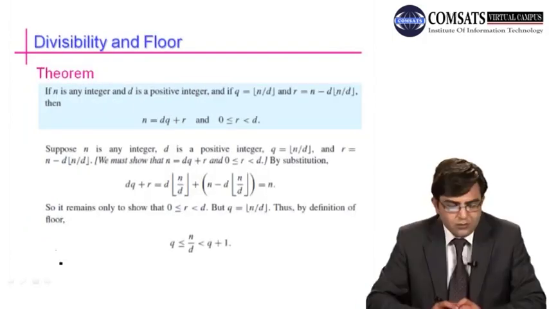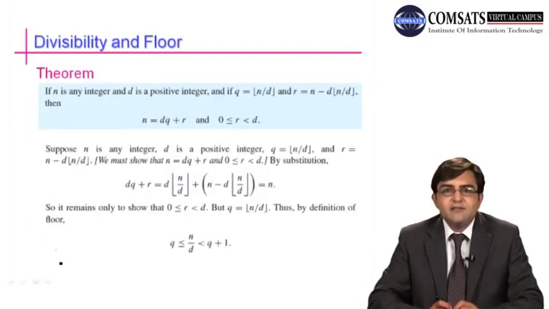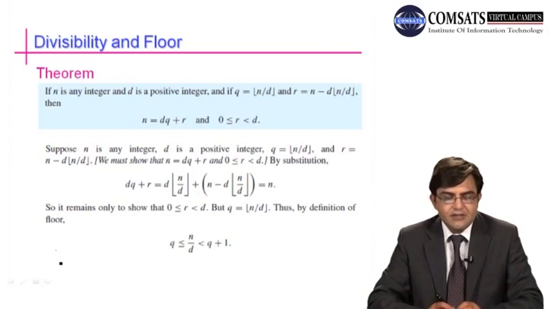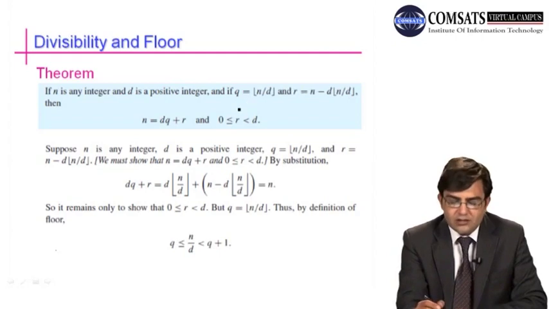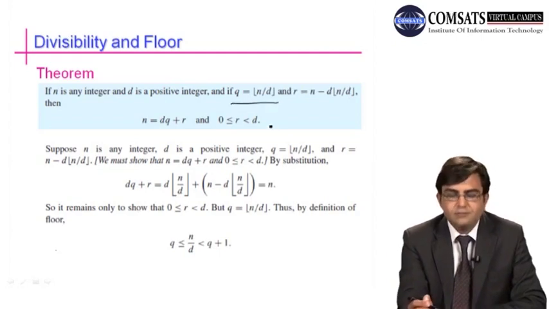Now, what is the relation between divisibility and the floor function? Here we have a theorem which shows the relationship between divisibility and floor. If n is any integer and d is a positive integer, and if q is the quotient, then the quotient can be written as the floor of n by d.